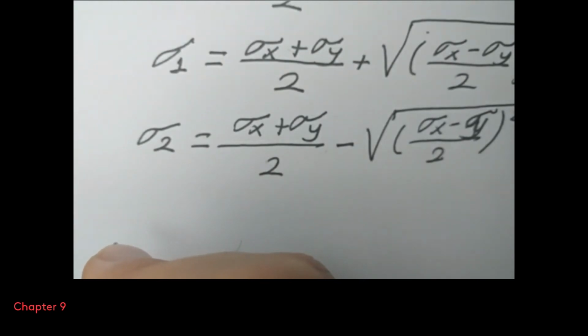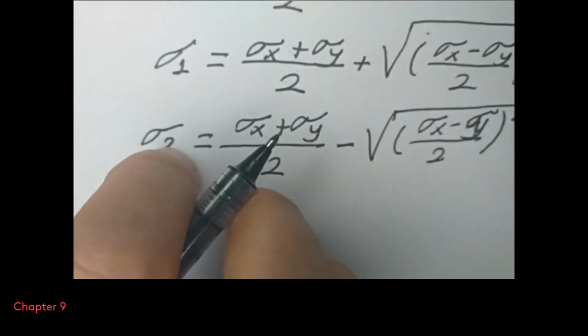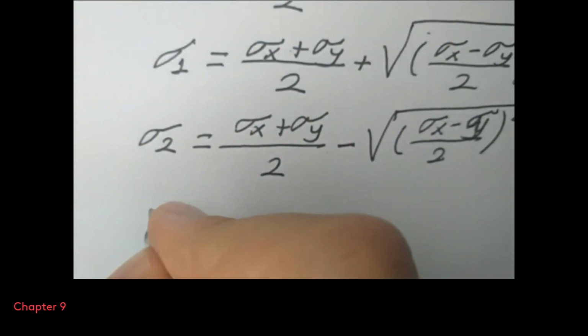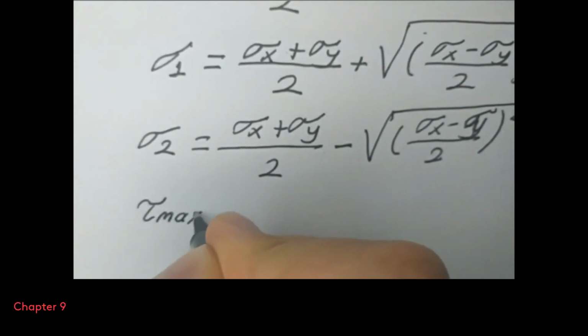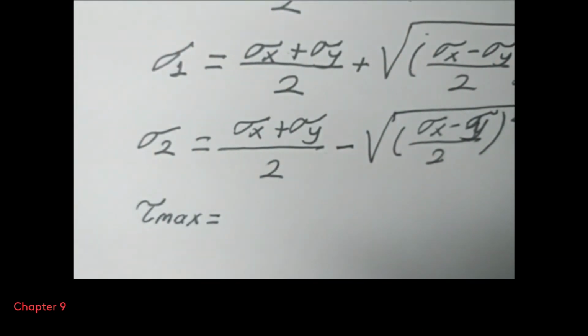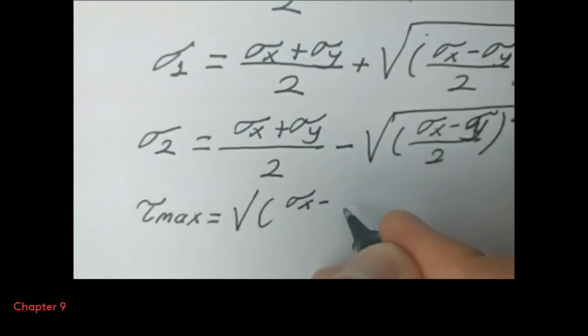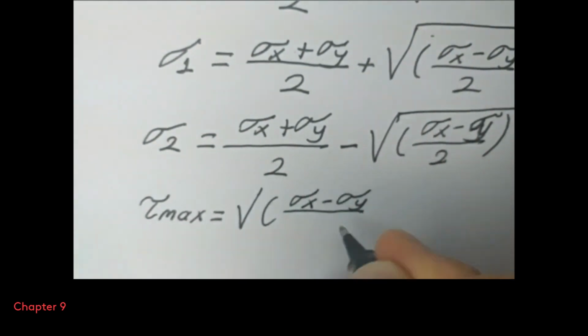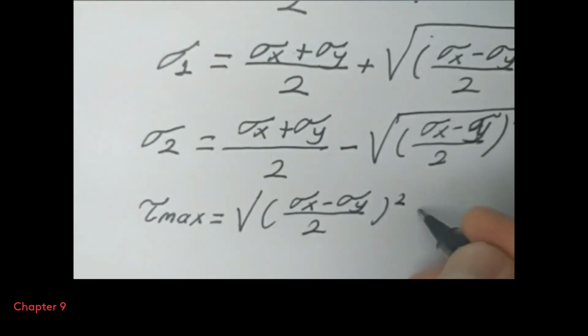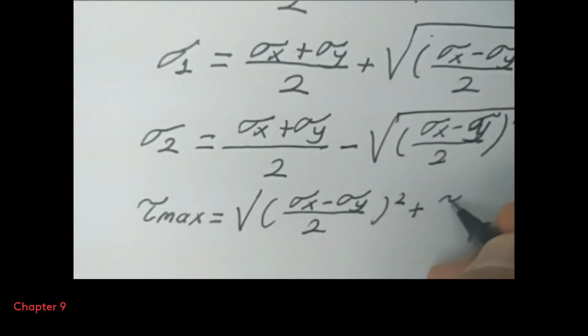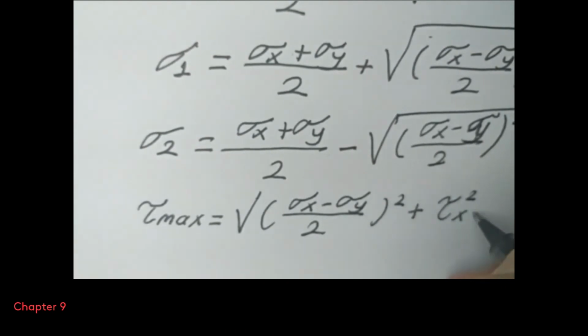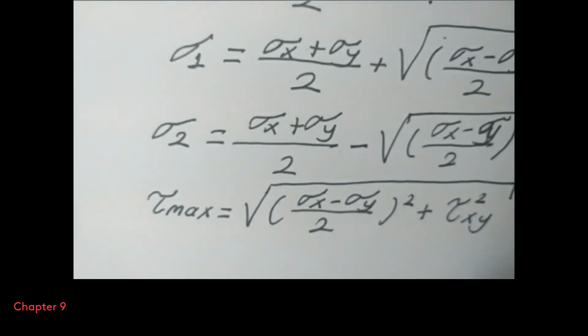So the maximum shear stress is equal to the square root of sigma x minus sigma y divided by 2, squared, plus tau xy squared. This is the maximum shear stress that you can reach in the case of a plane stress. Okay.